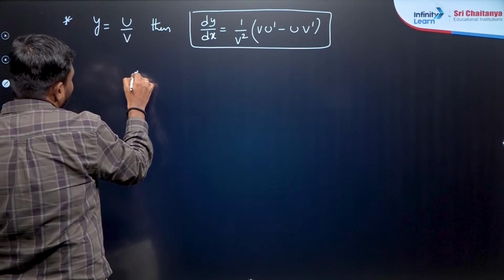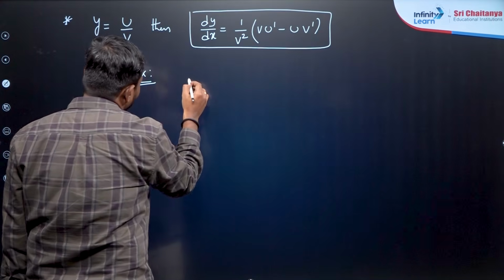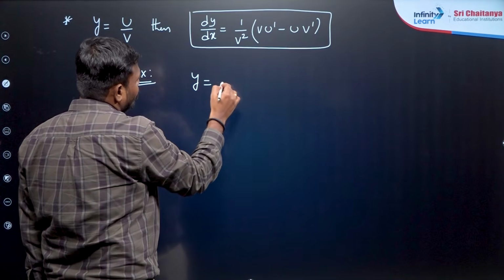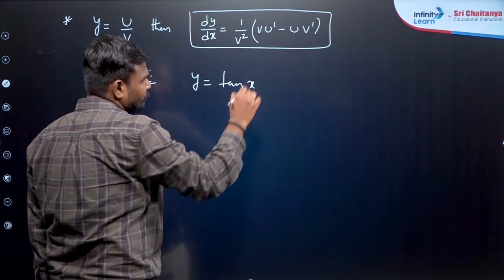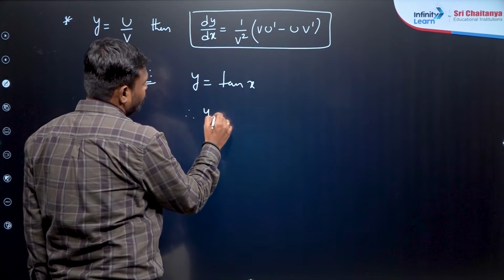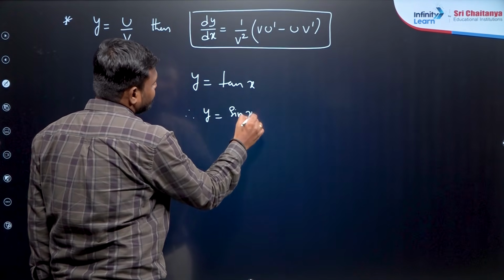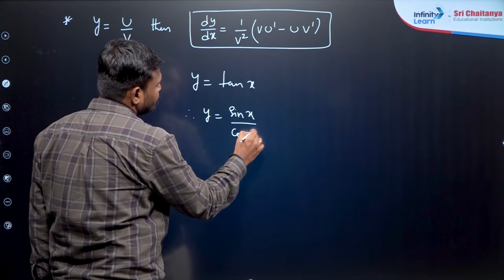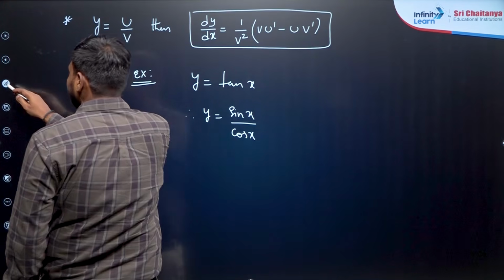One more example we will take. Y is equal to, let us say, tan x. So tan x can be written as what? Sin x by cos x. So who is your numerator here?